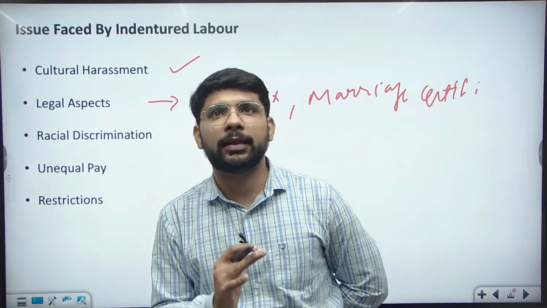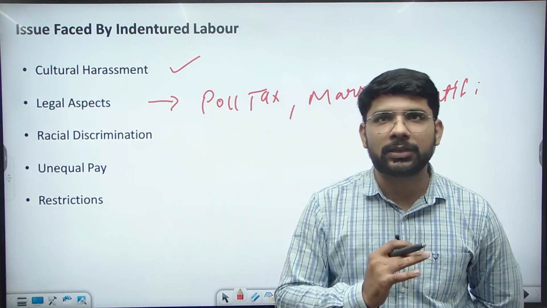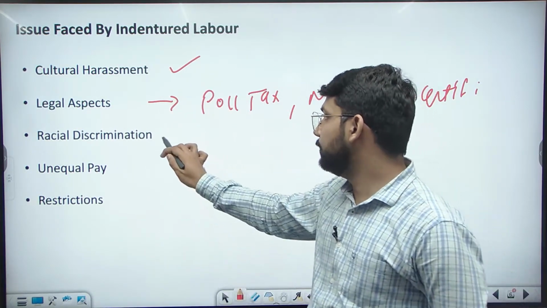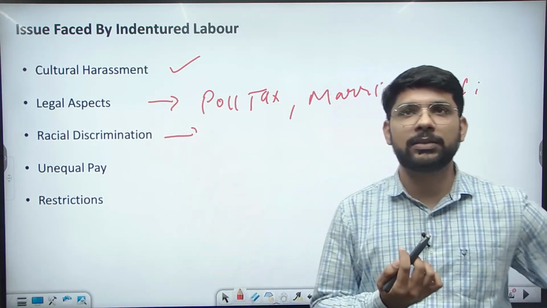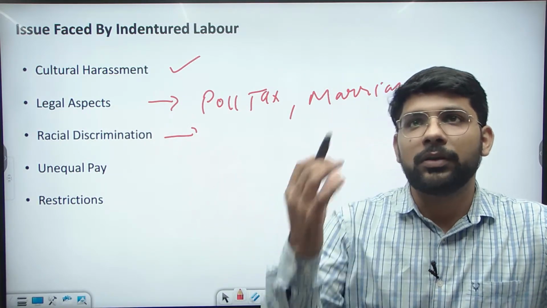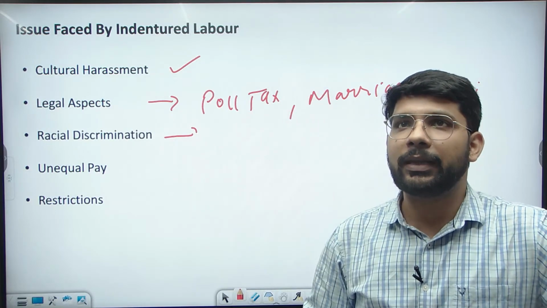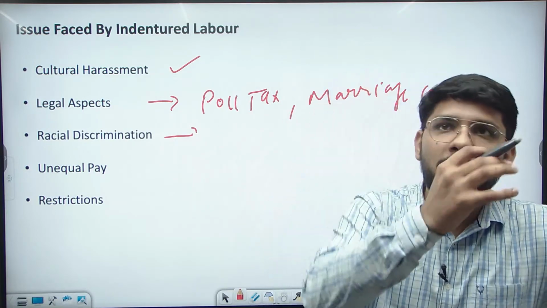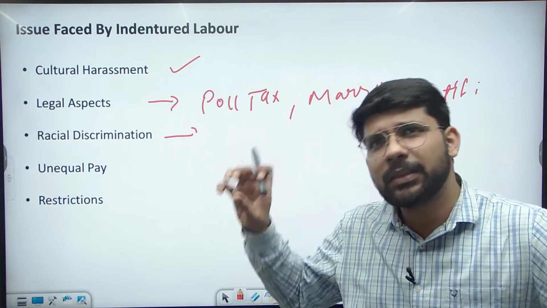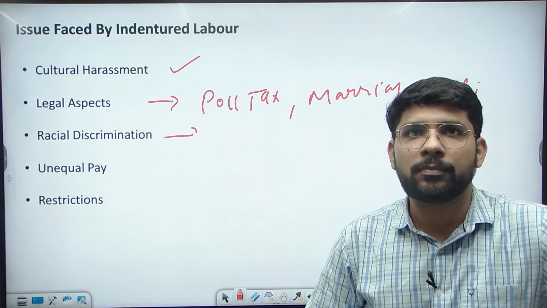They were facing these as indentured labor. Then the racial discrimination, even Mahatma Gandhi faced the racial discrimination there. So the indentured labor they were sending to Africa or some of the other colonies of the British were facing racial discrimination also.